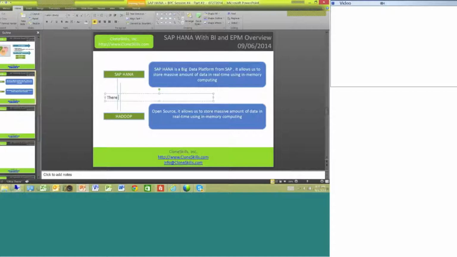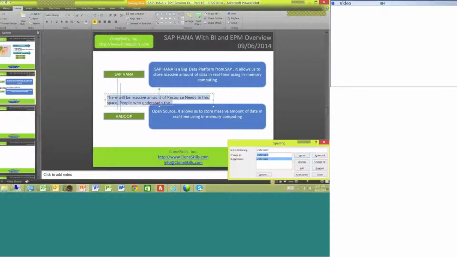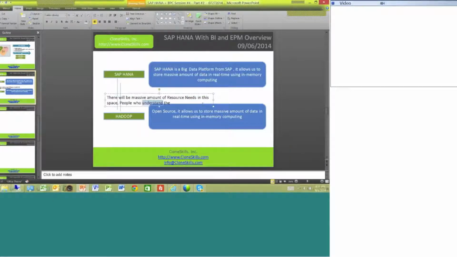There will be a massive amount of resource needs in this space.